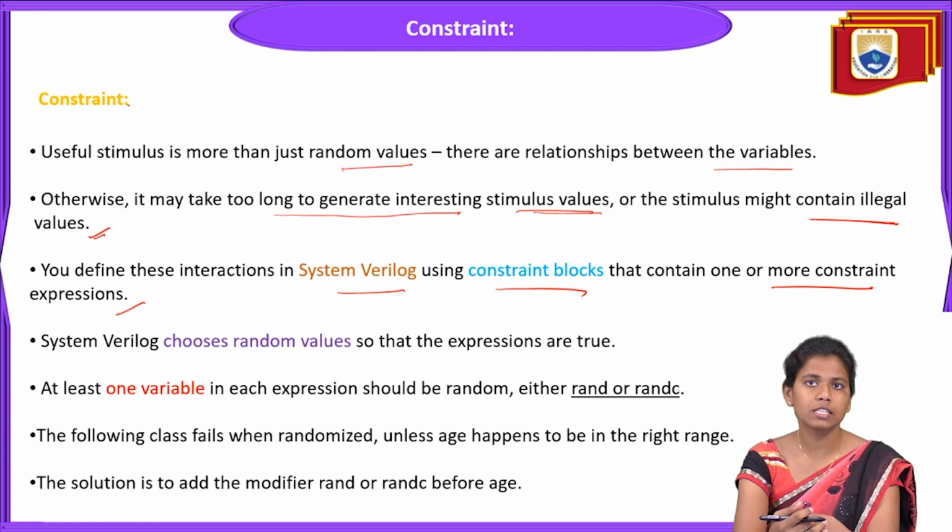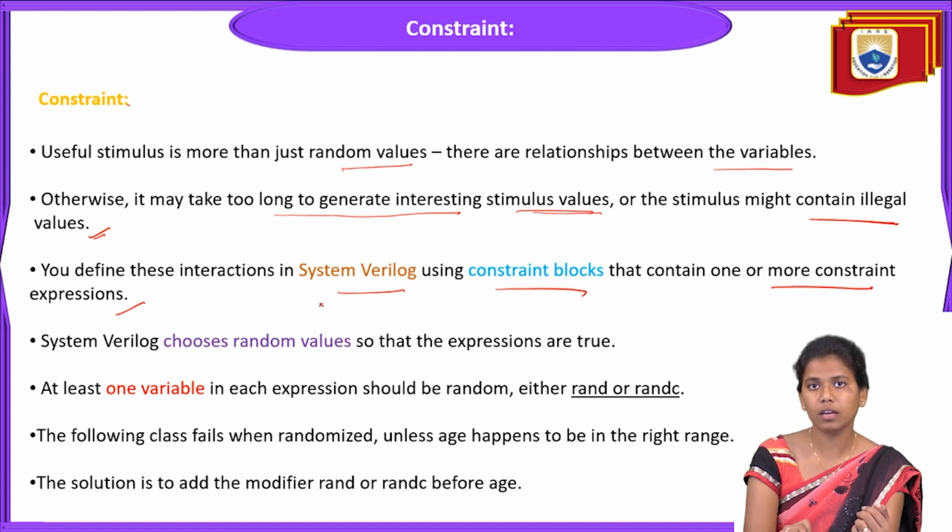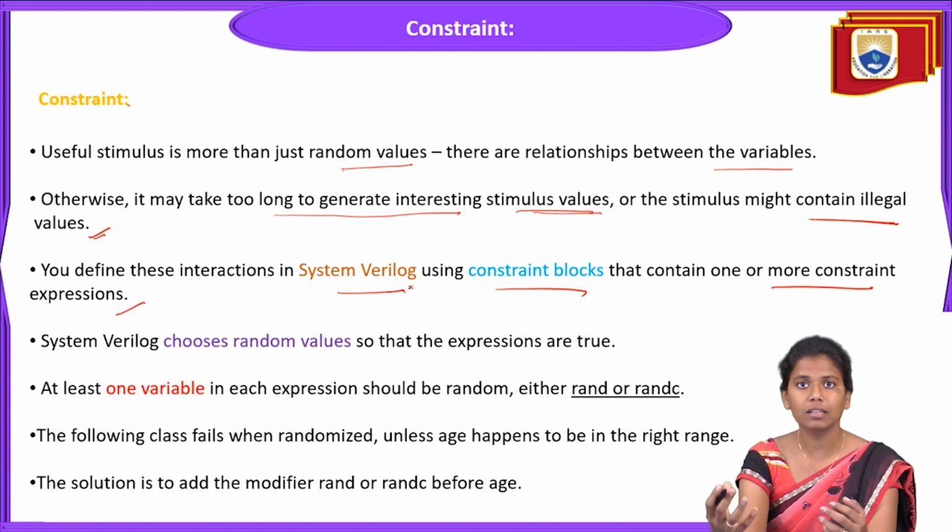As we discussed in the previous sections regarding the gate-level modeling technique, the gate primitives can be obtained from the library. Similarly, we can get the constraints from SystemVerilog, from the constraint blocks.